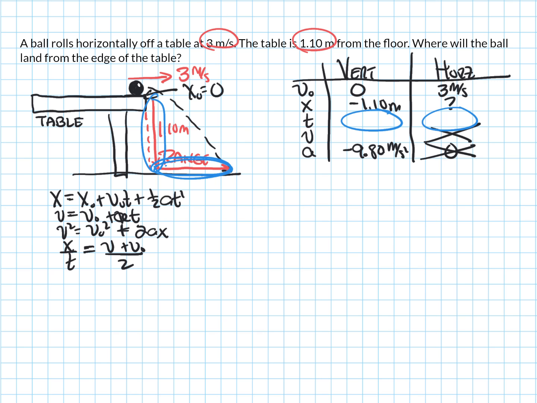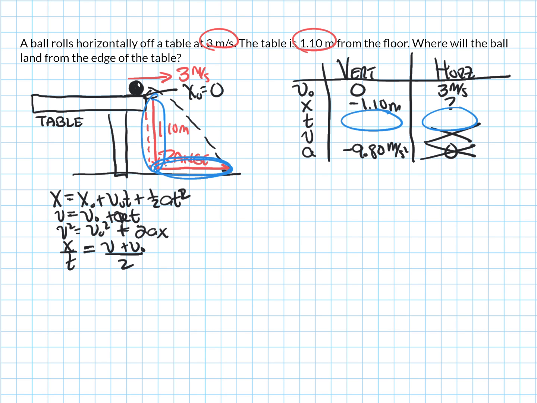The other thing I know is that because horizontally there's no acceleration, there are a couple equations that I cannot use horizontally. Anything with an acceleration in it, the acceleration would go away horizontally.